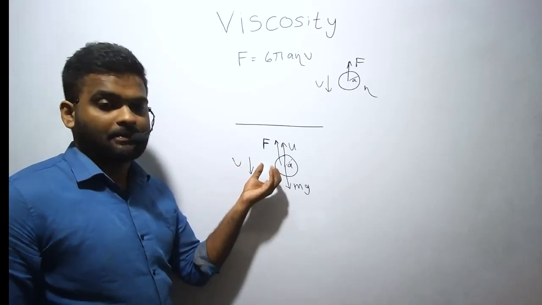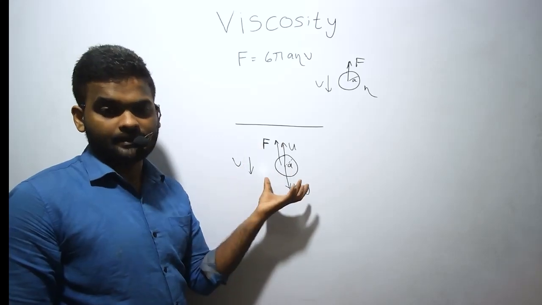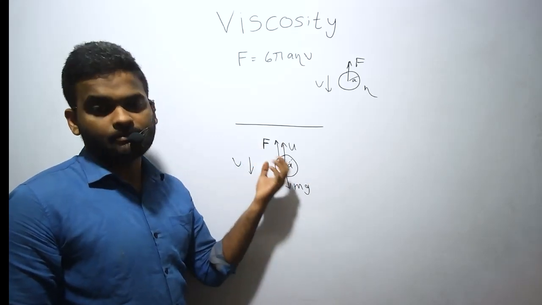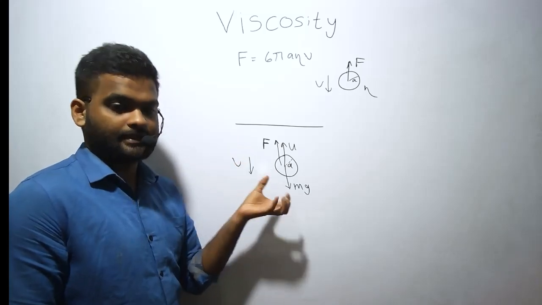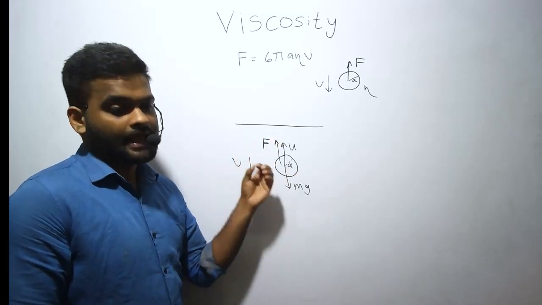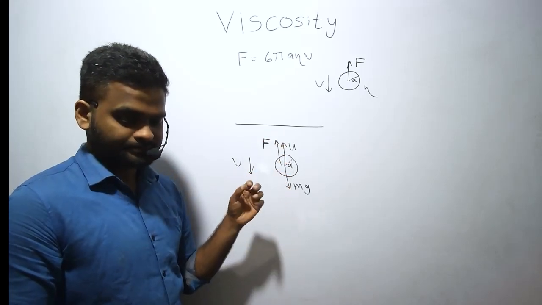Then we can apply F equals ma to this case and describe the motion of this. This is a bit complicated, so you have to clearly understand what happens at each step here, right?